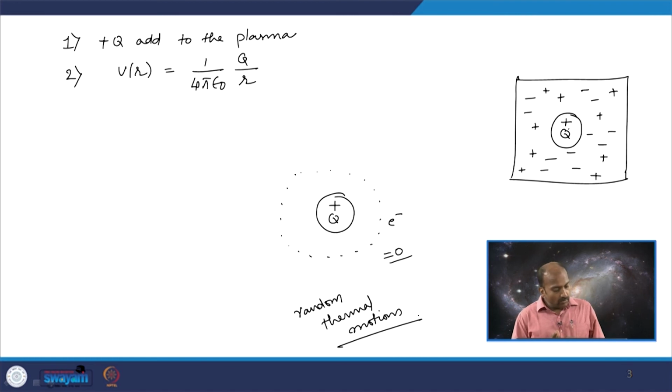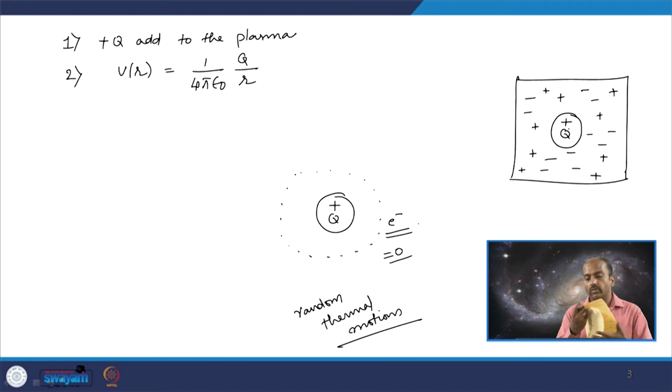The random motion of the particles will not allow them to go to the test charge and stick to it. Naturally, the Coulombic attraction forces should overtake, and as a result the electrons should be brought closer to the positive charge, combining and neutralizing. But because of the random thermal motion of electrons, this will not happen.